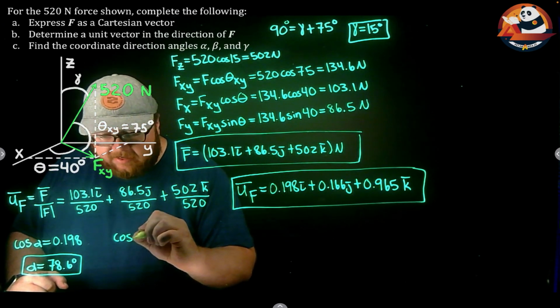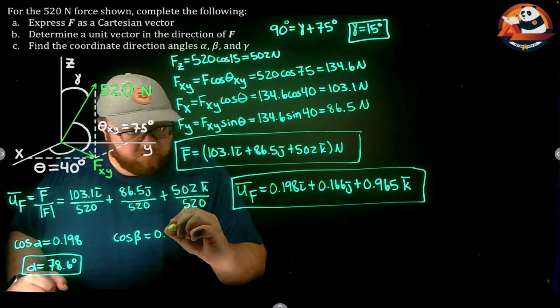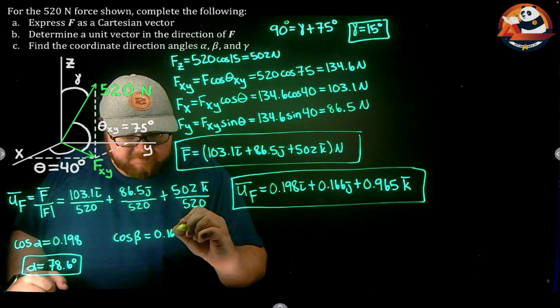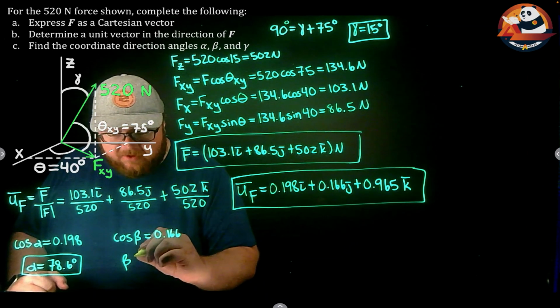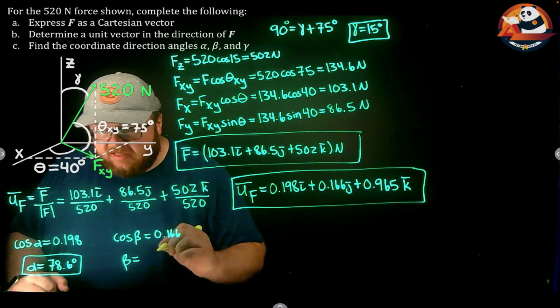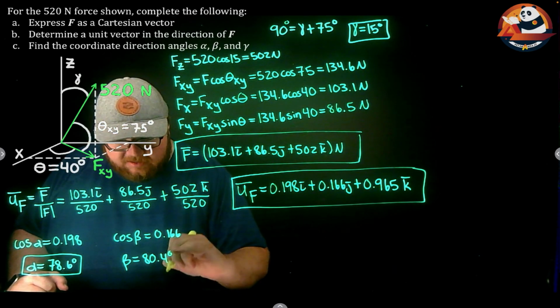And then just repeat that for the next two. Cosine of beta should get me to 0.166. Solving for beta, the inverse cosine of 0.166 is going to get me that this is 80.4 degrees.